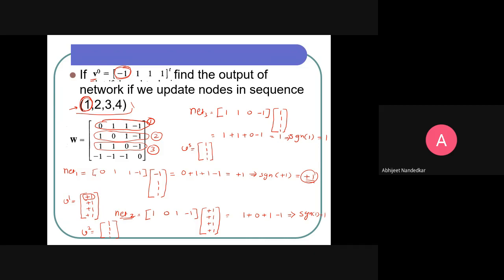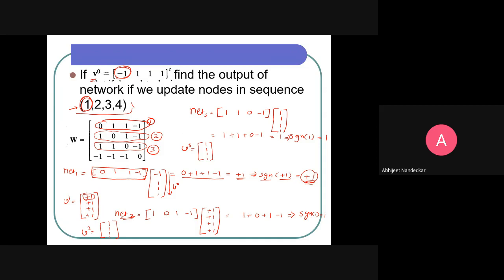I take this weight, I write here in transpose form, and then I multiply with V0. So this is V0. Then you will see that the multiplication is +1, sign of that is +1. The activation function is the sign function for this network. So you will get +1.